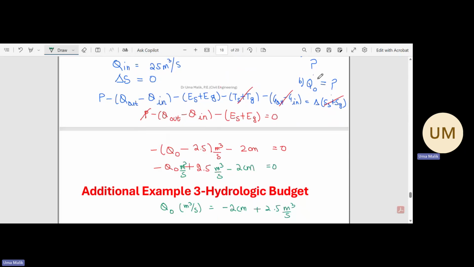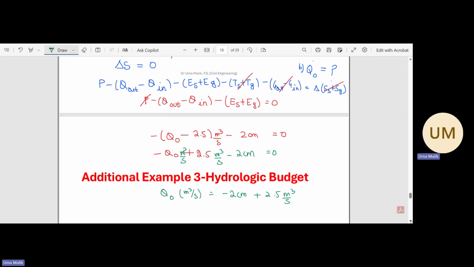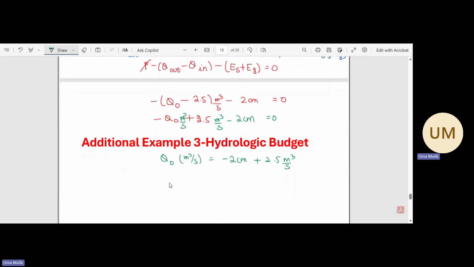We are keeping this the same. And what is the area given to you?